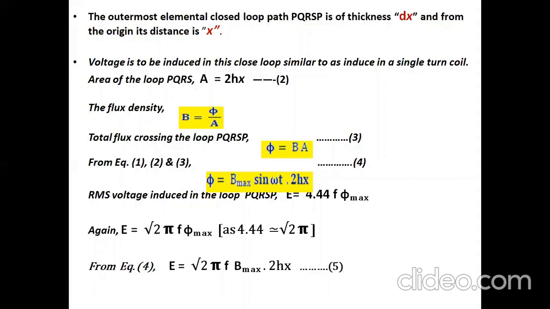Voltage is to be induced in this closed loop similar to that induced in a single turn coil. Area of loop PQRS, A equals 2hx.